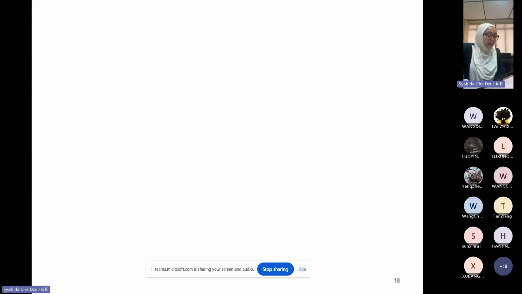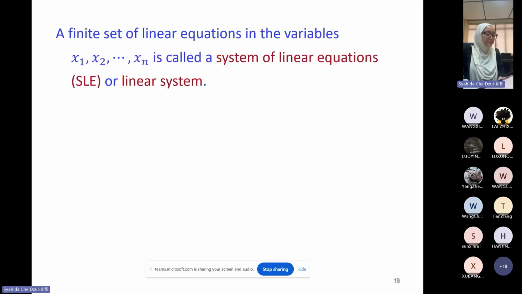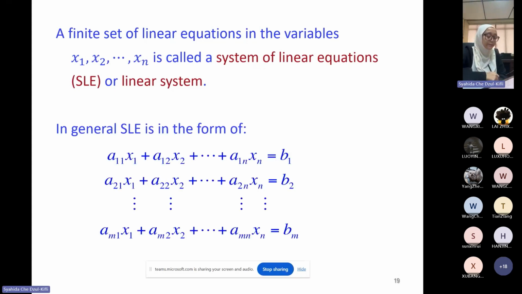In general, we write a general system of linear equations in this form, where this system has m number of linear equations: first equation, second equation, up to the m-th equation.